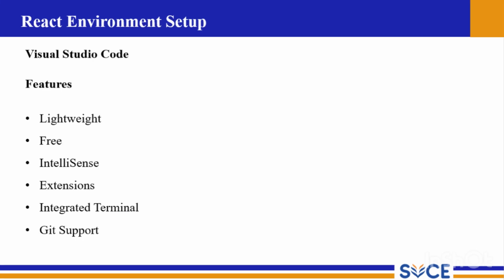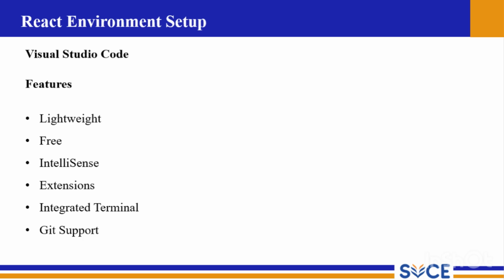Once Node.js has been successfully installed, the next step is to install Visual Studio Code, commonly known as VS Code. It is a free, lightweight, and powerful source code editor developed by Microsoft.